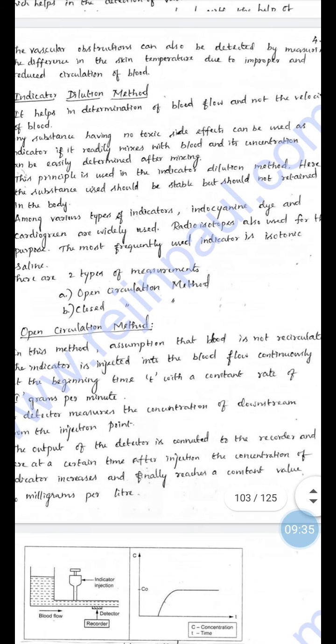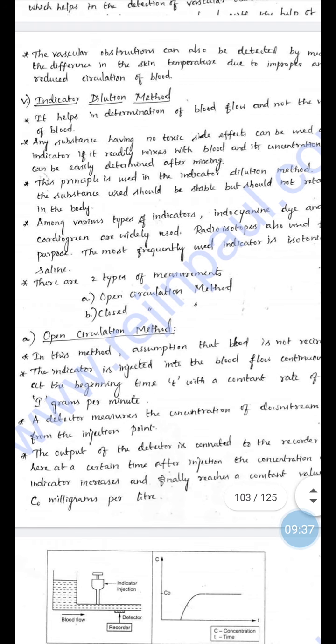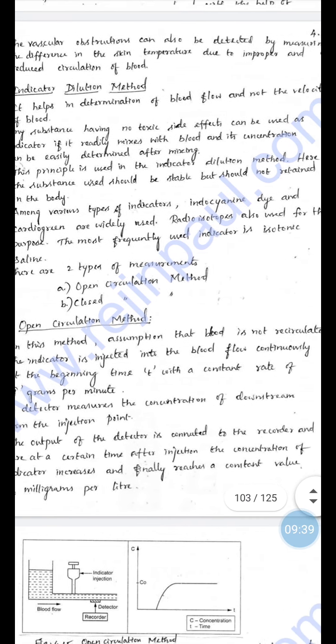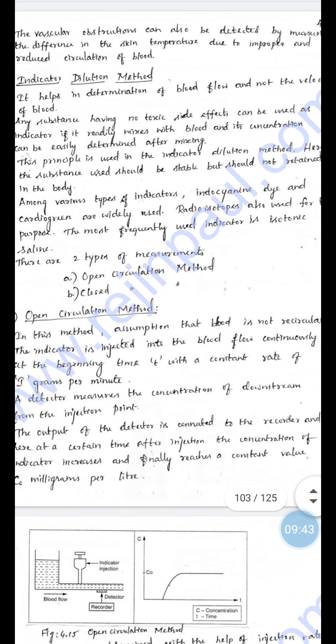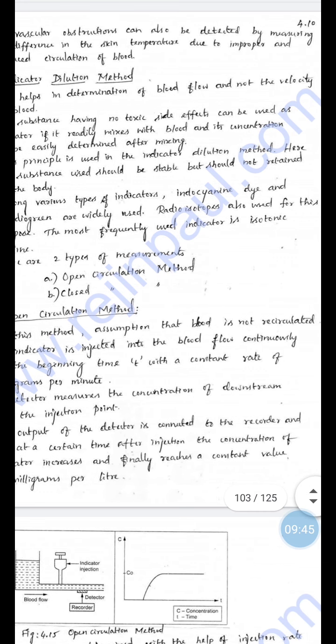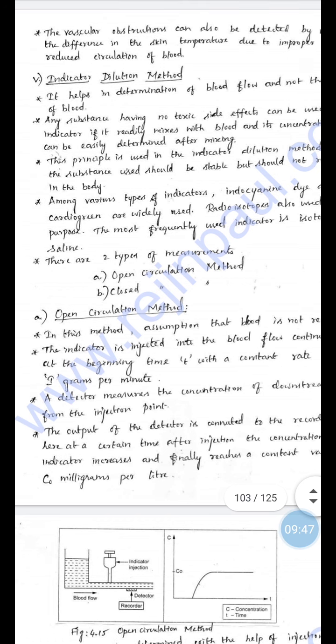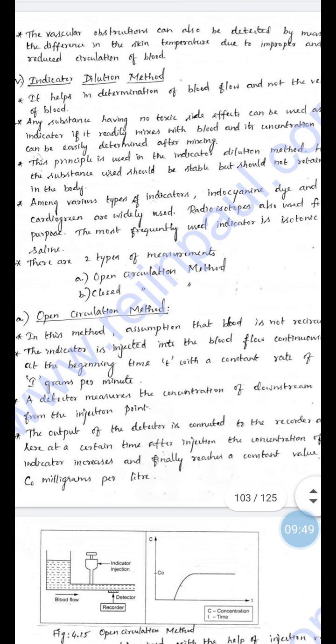This principle is used in the indicator dilution method. The substance used should be stable but should not be retained in the body. Among various types of indicators, indocyanine dye and cardiogreen are widely used.